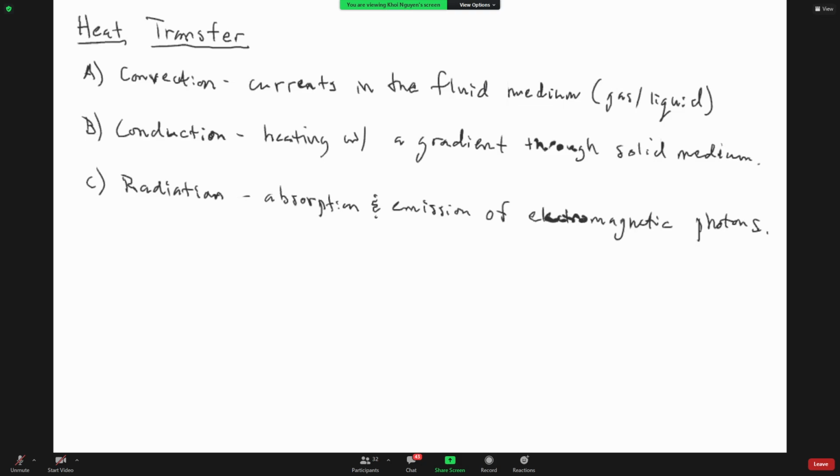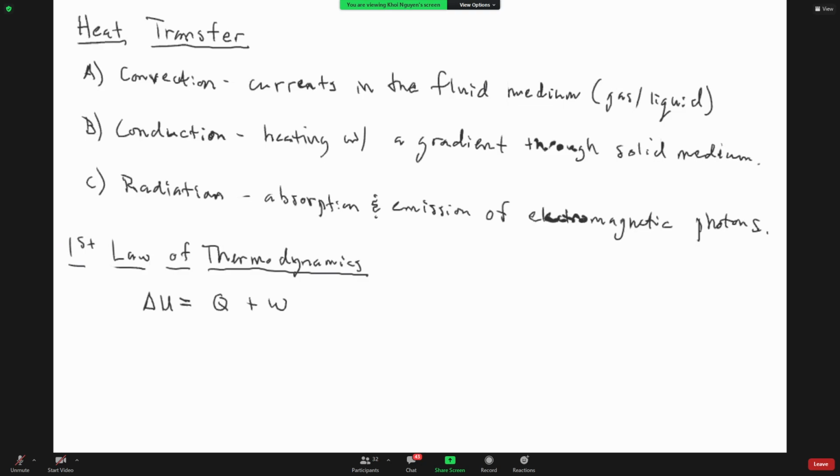Okay, so now let's take a look at the first law of thermodynamics. The first law of thermodynamics states that the internal energy of any system is simply the heat plus the work that is done in the system.